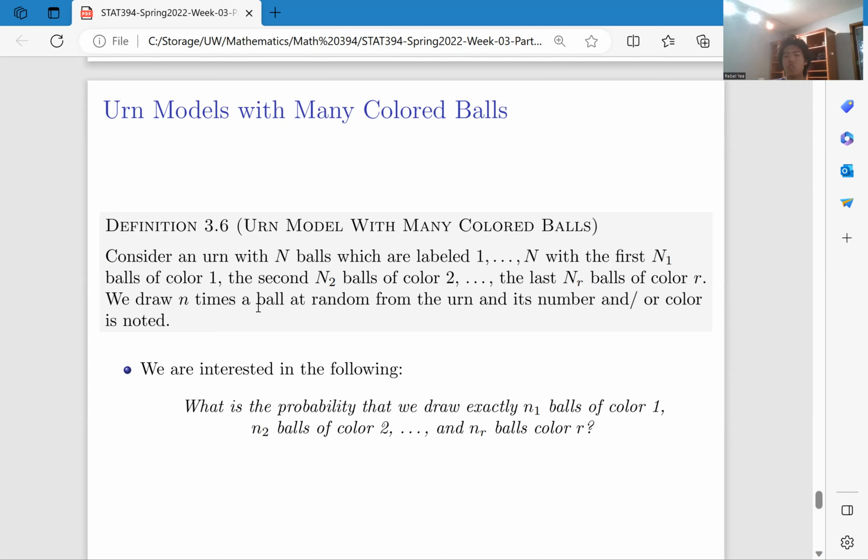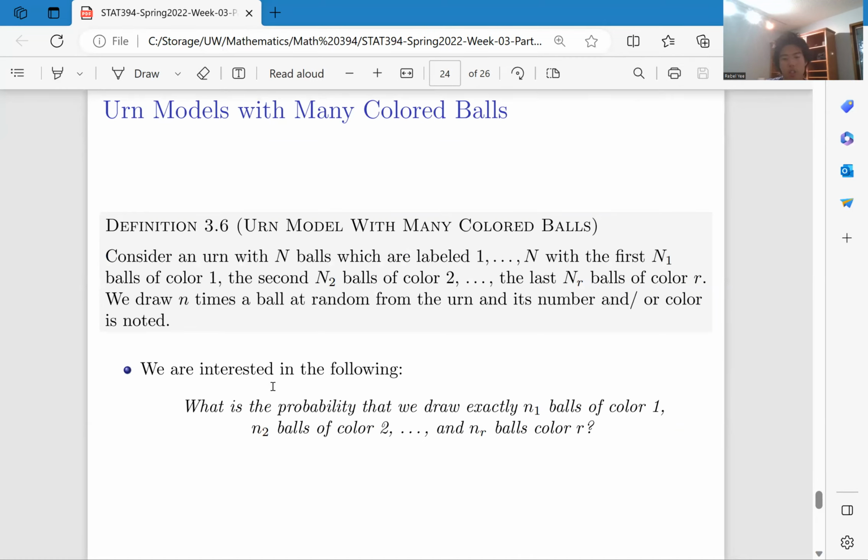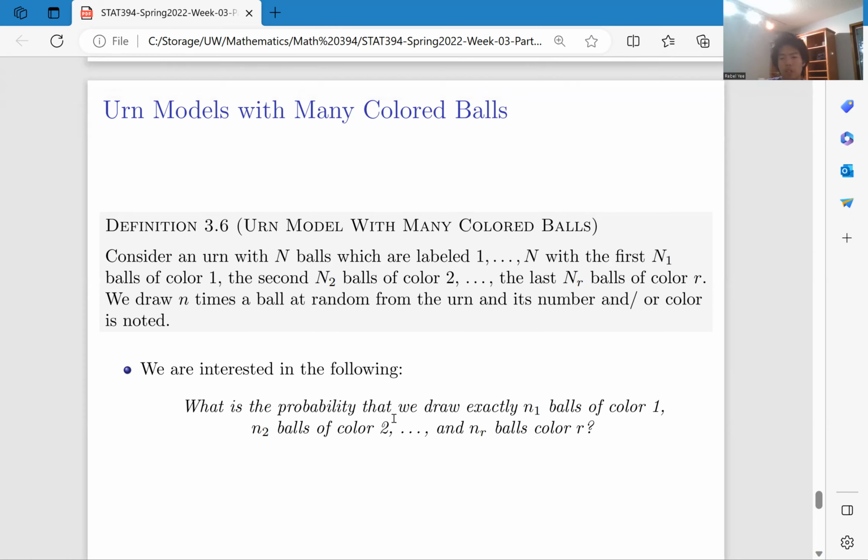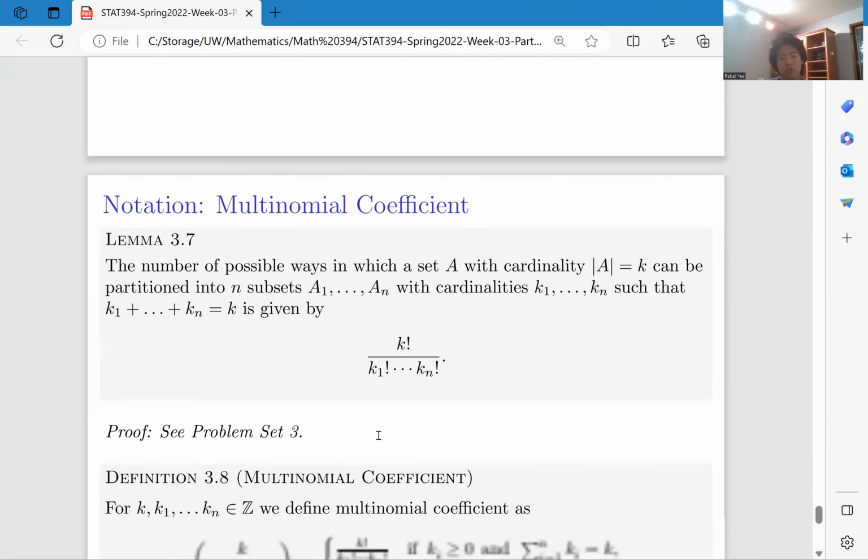Originally in the set, there are n1 balls of the first color, n2 of the second color, up to nr balls of color R. And I want to find the probability that we draw exactly n1 balls of color 1, n2 balls of color 2, and nr balls of color R. And we can introduce a new concept to that.